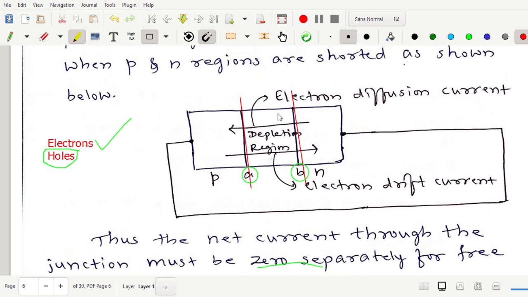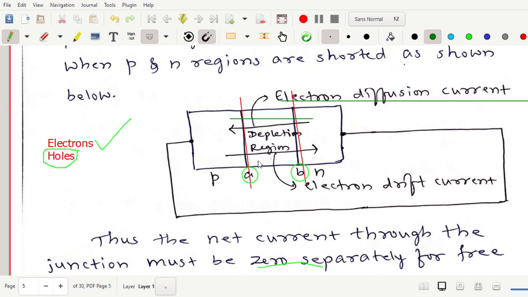The electrons which travel from the n region to the p region constitute the electron diffusion current.